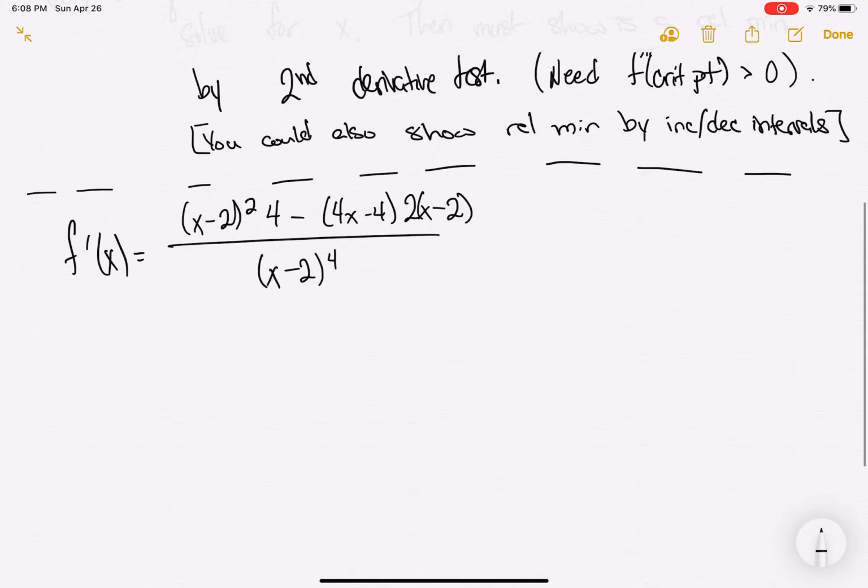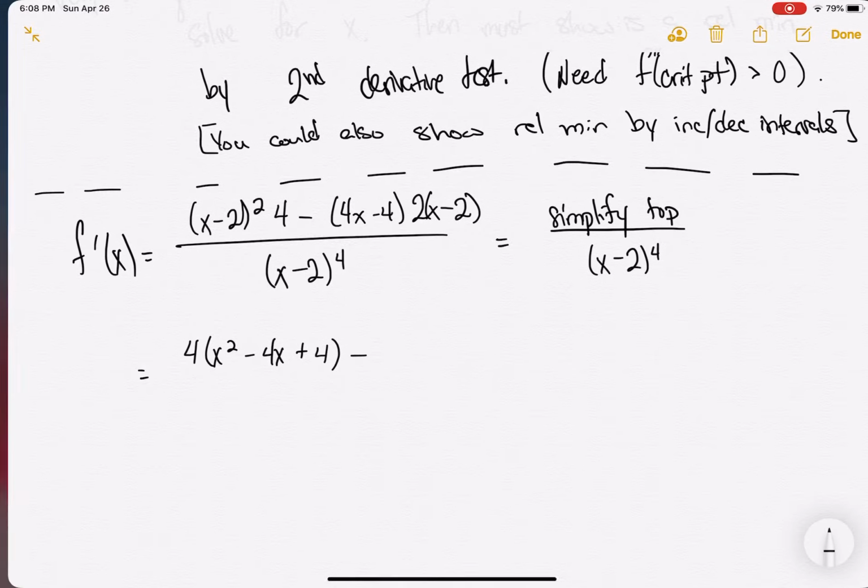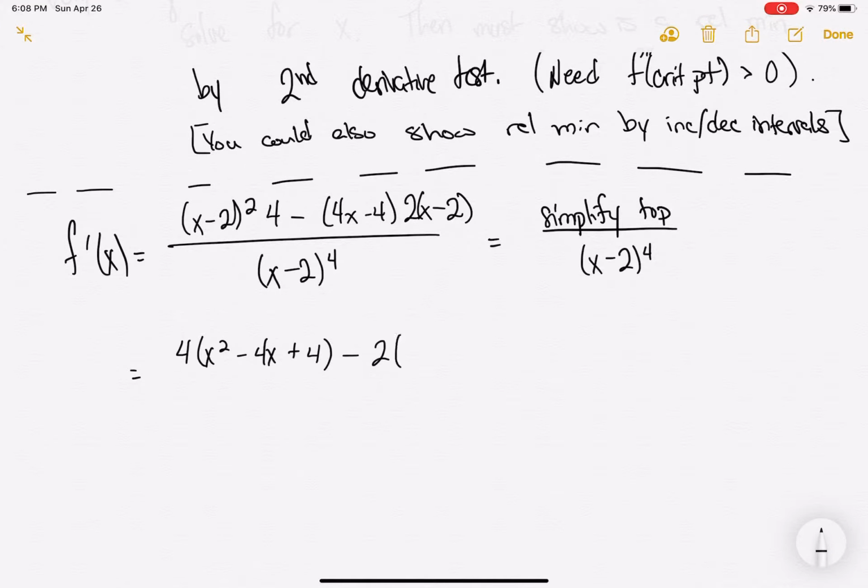Okay, so let's just simplify top. That's maybe the way you want to think about doing these ones. So we'll simplify the top over x minus 2 to the 4th. If we simplify the top, what is that? This is 4x squared minus 4x plus 4 minus, what does that give? That gives, I'm multiplying the pieces in parentheses now, 4x squared minus 8x minus 4x plus 8.